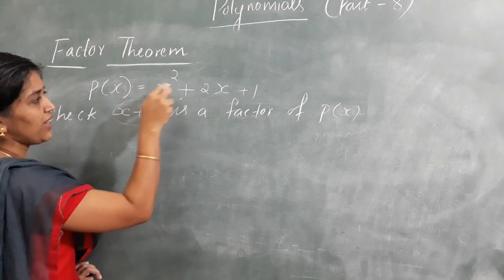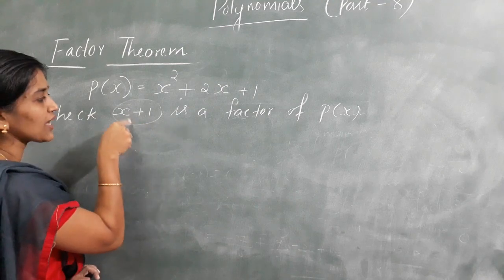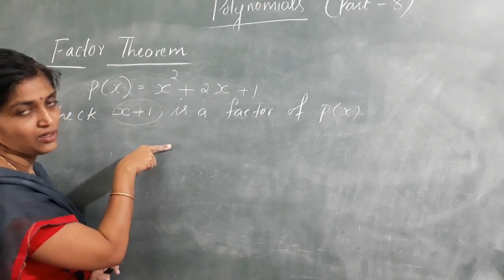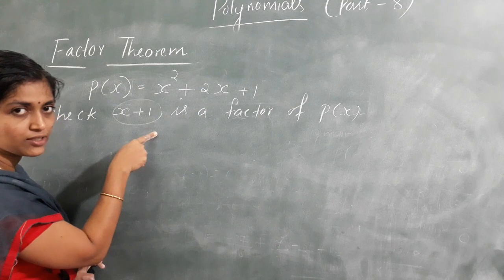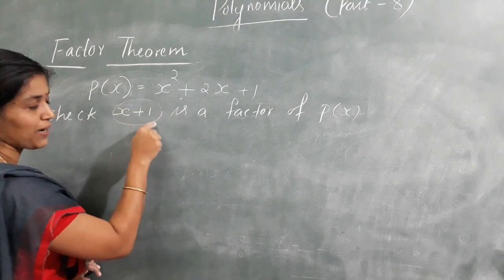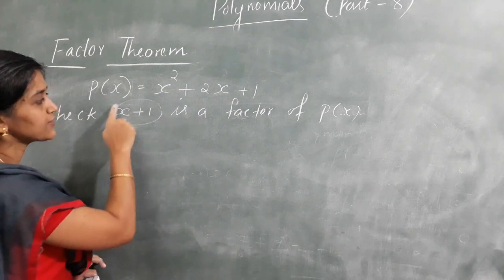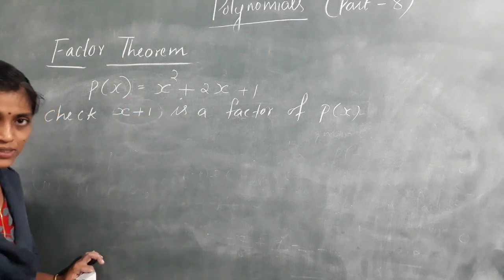When this polynomial p of x is divided by x plus 1, I have to find the remainder. To find the remainder, I have to find the zero of the polynomial x plus 1.